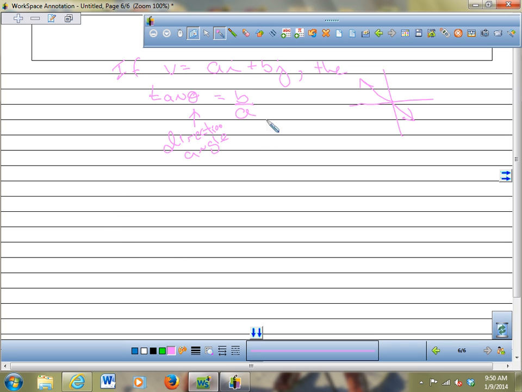For find the direction angle, this one's easy. For b equals 3i plus 3j, find the direction angle.